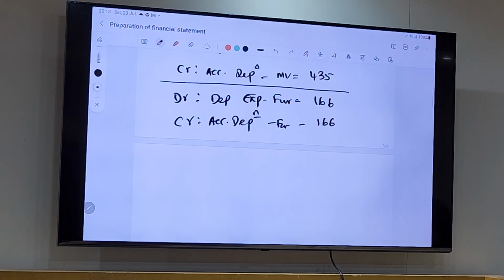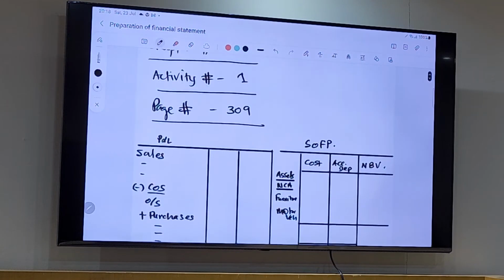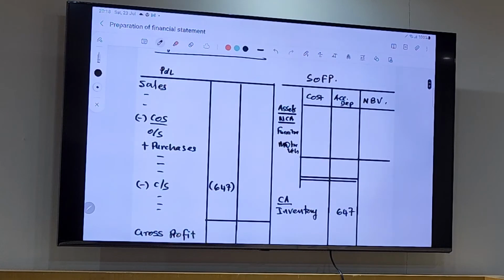Okay, now we'll do this in our financial statement. What is the cost of motor vehicle? 1740. What is the cost of the furniture? 830. And you already have accumulated depreciation for motor vehicle. How much? 435.